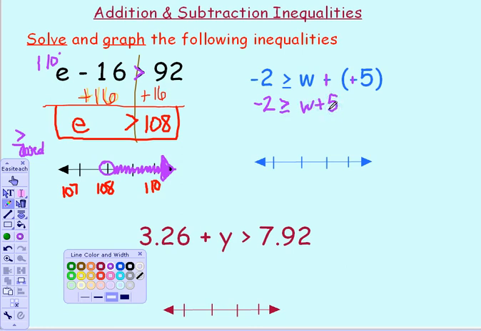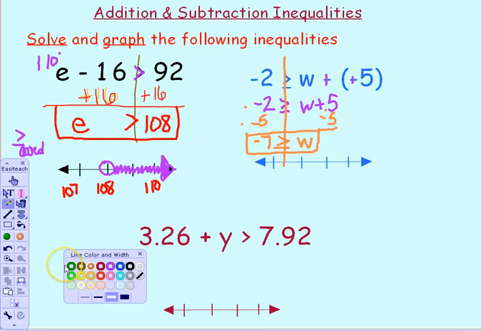We're still going to draw our line down the inequality, and we're going to do the inverse operation. The inverse operation of plus 5 is a minus 5, or a negative 5. So we end up with negative 2 plus negative 5, which is negative 7. Our symbol stays the same, greater than or equal to, and then over here on the right we end up with just a w.